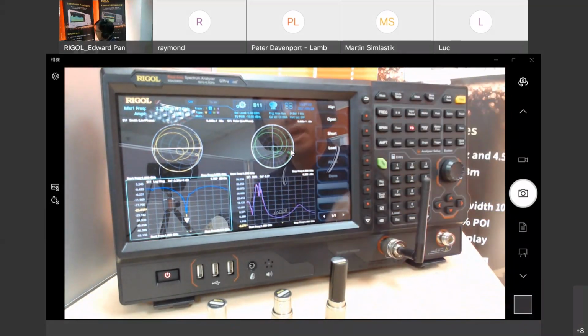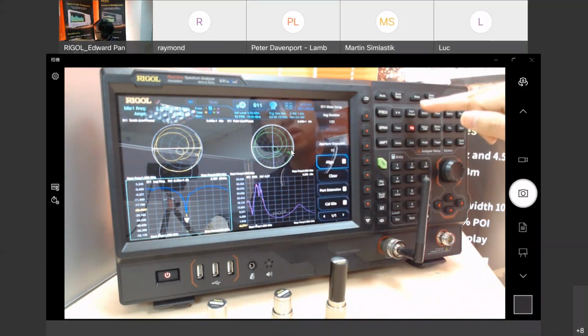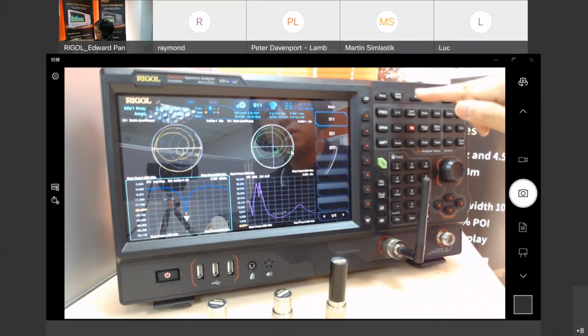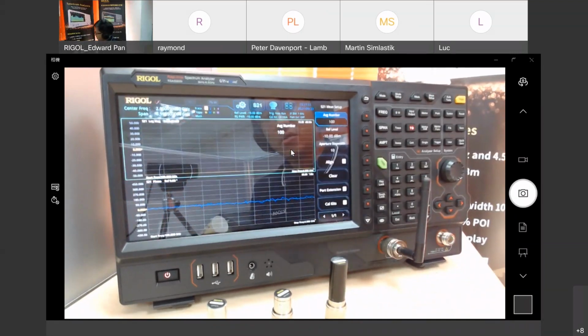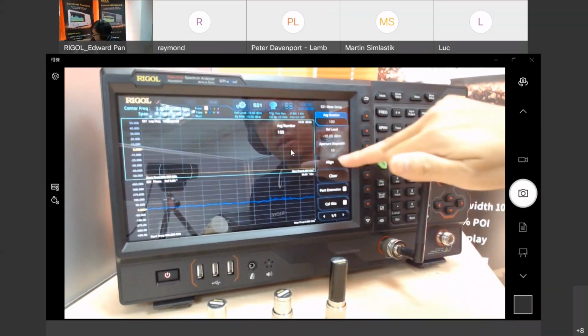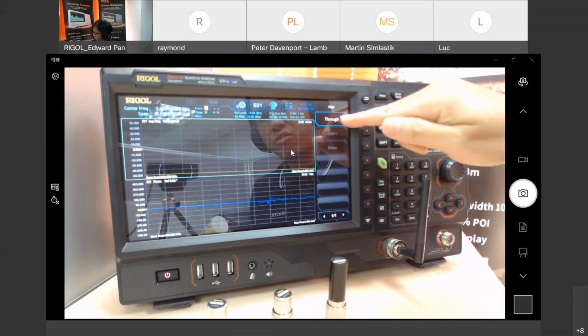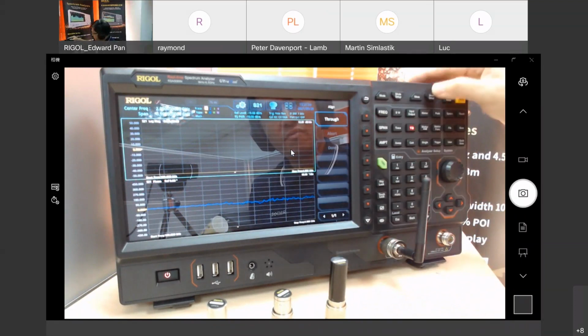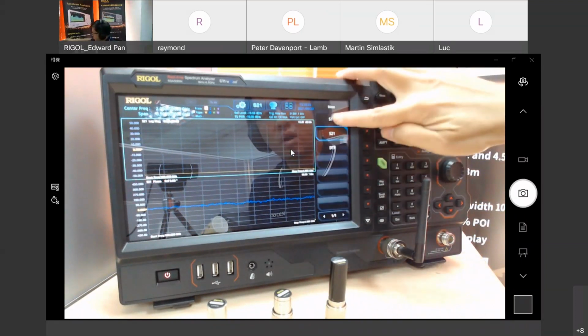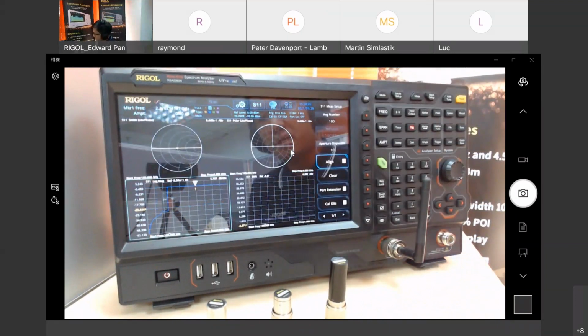And if you want to do S21, you can see there is also a line here for the through calibration. Yeah, it is very, very simple. So we can go back to the S11 parameters here.